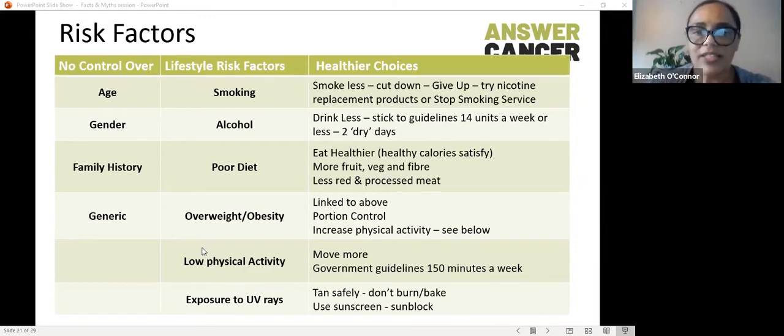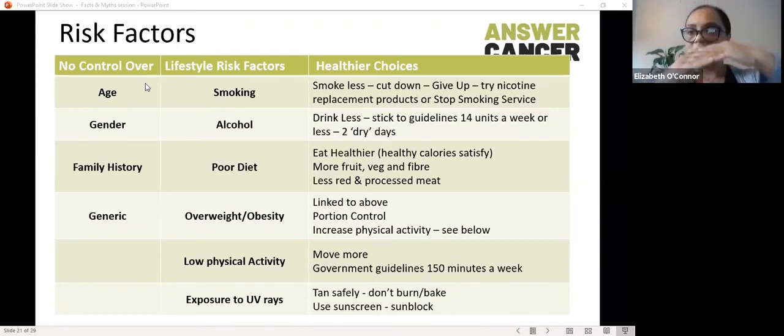Then there's the risk factors that we can control, our lifestyle risk factors, our lifestyle choices, such as smoking, drinking, poor diet, being overweight, low physical activity. And then there's some healthier choices at the side of what we can do again, because the more of the lifestyle risk factors we do, like I said before, the risks stack up.